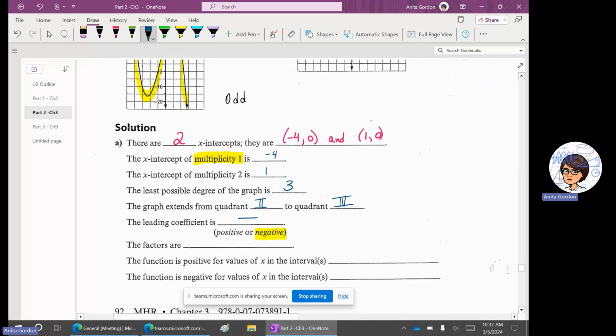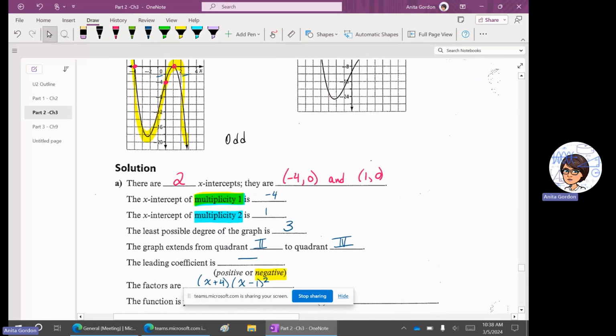The factors are, so I know my x-intercept is -4, so one of my factors is going to be x + 4, and the other factor is going to be x - 1. I know that the multiplicity of x + 4 is 1, and the multiplicity of x - 1 is 2, so this is going to be (x - 1) squared.